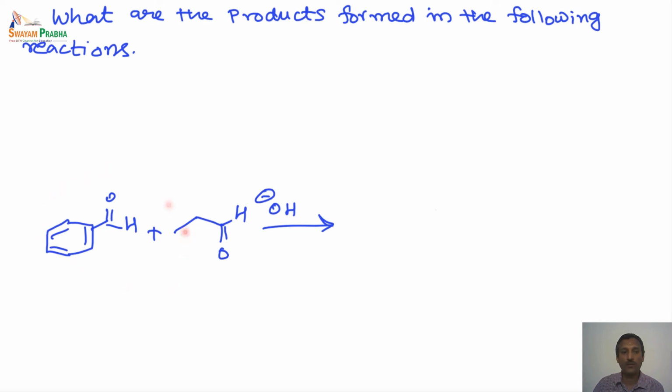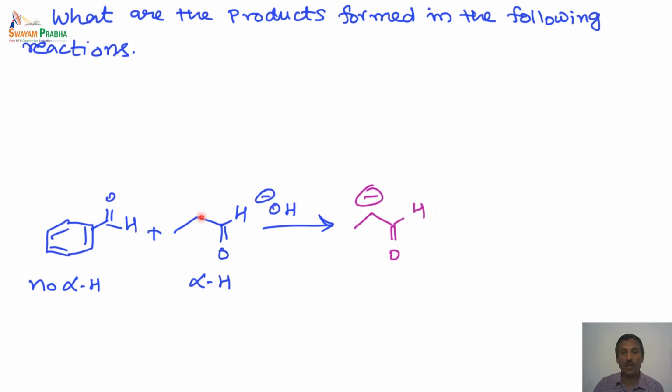So the next one is, what reaction happens when benzaldehyde is treated with this 1, 2, 3 carbon fragment, that is propionaldehyde. So we have two aldehydes. This aldehyde is having an alpha hydrogen. This aldehyde is not having an alpha hydrogen. So the alpha hydrogen can easily be abstracted by the base.